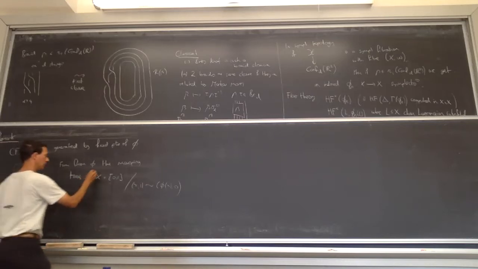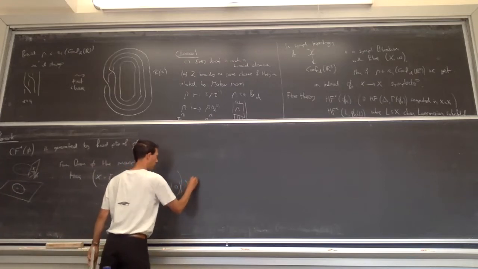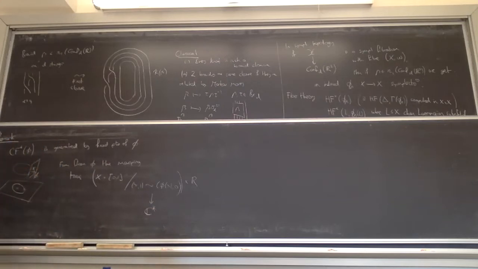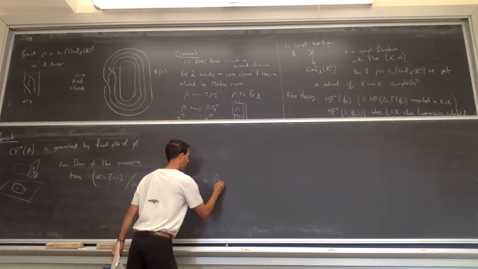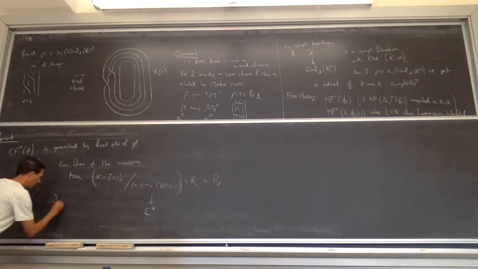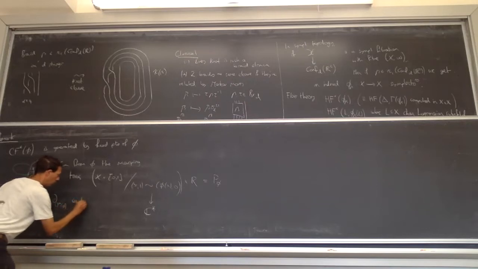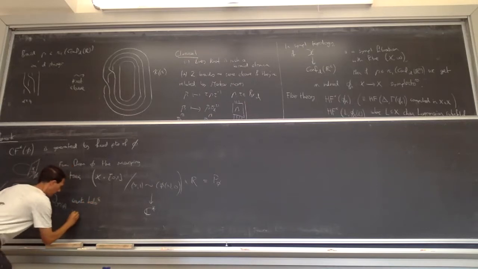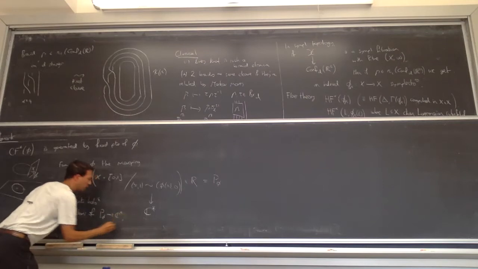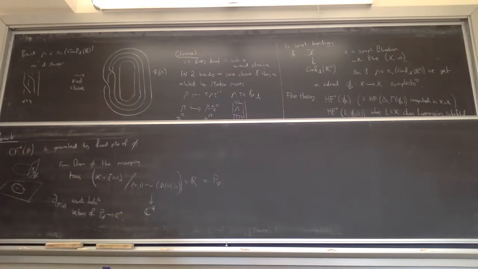And so we build the mapping torus times R, which naturally maps down to C star. So let's call this total thing P phi. And now the fixed points of phi define orbits that lie either near 0 or near infinity in this mapping torus. And the differential in the cochain complex counts holomorphic sections of this map, which are asymptotic to loops that arise from fixed points.